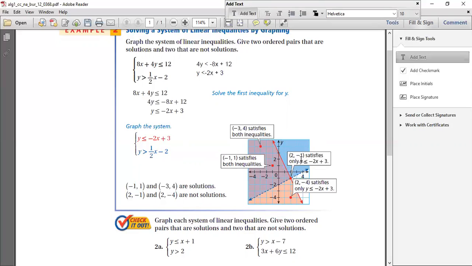You can also take 4 and 2, up to you, but which are not in this part of the shaded region. So if you want the solution, you will take any two ordered pairs from the shaded part which both of them have shaded. If you want to take which are not solutions, you will take only the part which they each have shaded without being overlapped by the two colors.